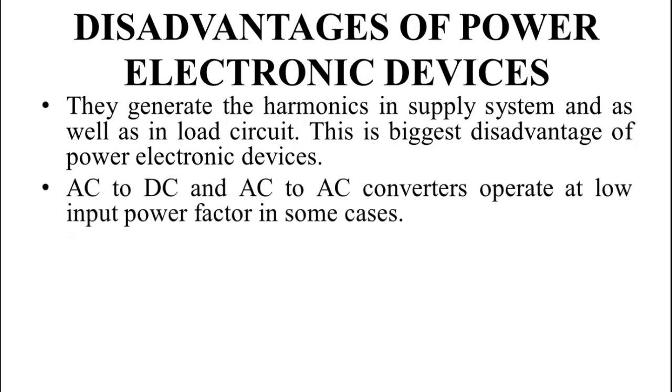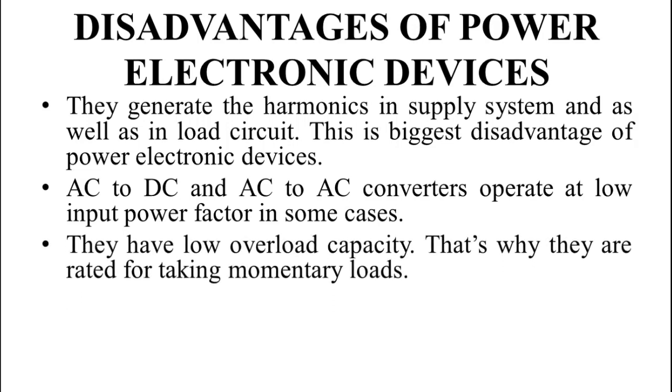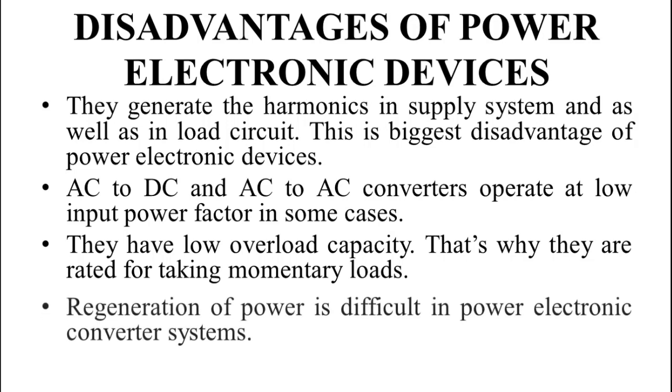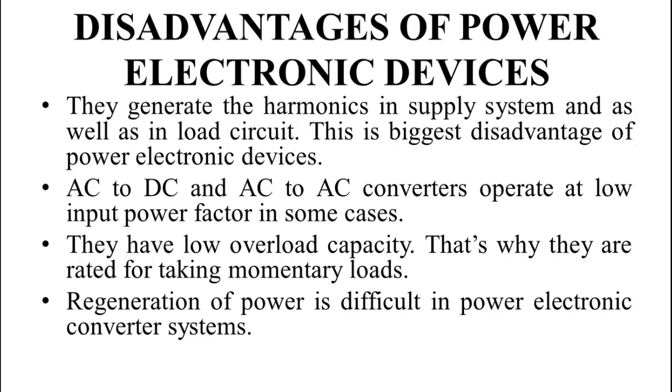Second, AC to DC and AC to AC converters operate at low input power factor. They have low overload capacity. That's why they are rated for taking momentary loads. Regeneration of power is difficult in the case of power electronic converter systems.